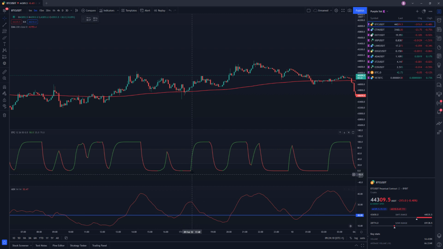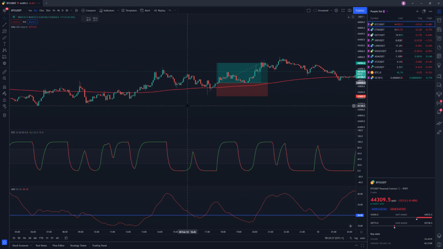It's pretty high, and it turned green underneath the 20 level, 25 level I mean. Then we set a long order right here, last swing low, 1.5. You would have had a nice profit.